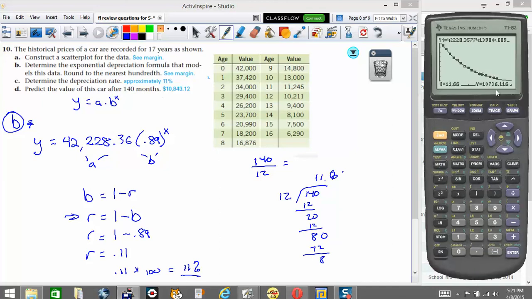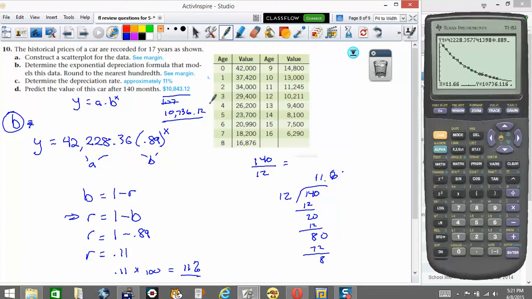So it gives you a value of 10,736.12, sorry. Now you notice that's off a little bit here. That's because we rounded the years. If I didn't round the years, we would get an exact amount.